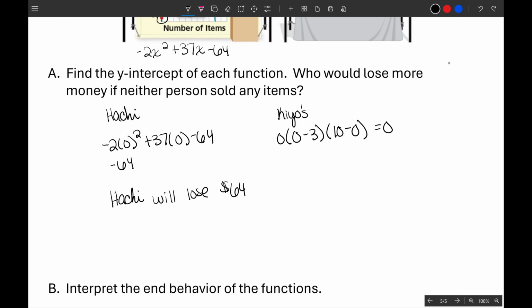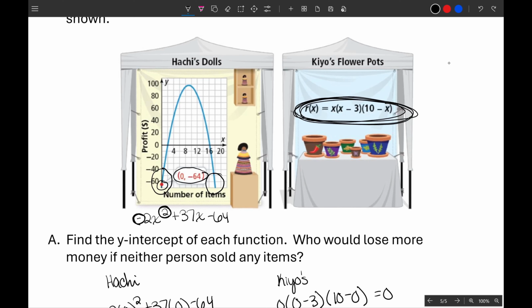So it says interpret the end behavior of the functions. Well, I can see that this end behavior is negative and this end behavior is positive, and that is negative. And I could tell that anyways by this, because this is even, so they're either both up or both down. And I'm negative in front, which tells me I'm going to end on a negative note. This equation, if I were to multiply this out, I've got x times x minus 3. That would be x squared minus 3x.